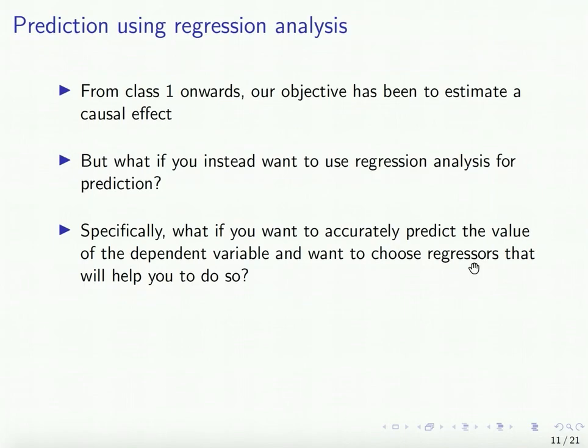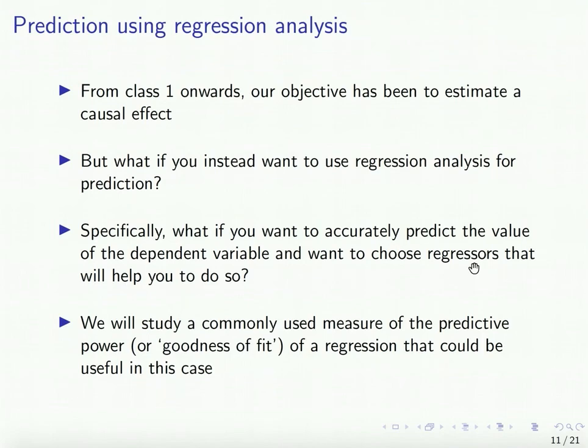And again, your model is specified in the way you decided, by including some regressors and leaving out some others. What we're going to study now is what is commonly used as a measure of predictive power, or something we also call goodness of fit, in a regression analysis.